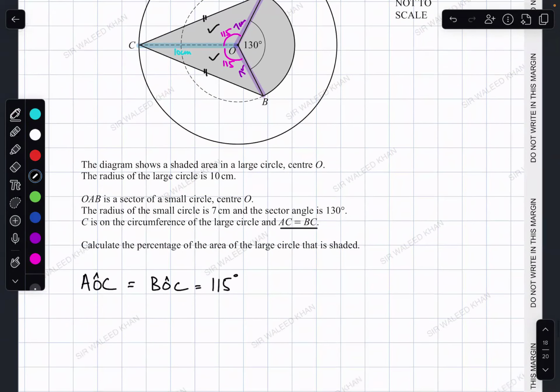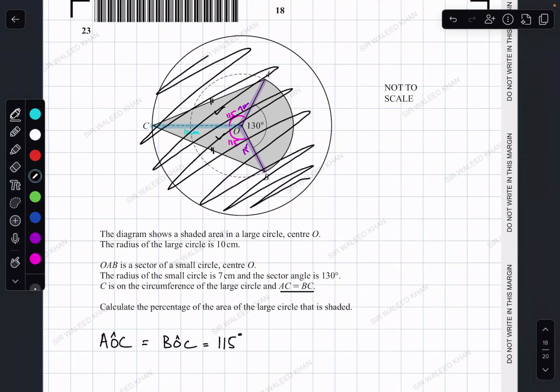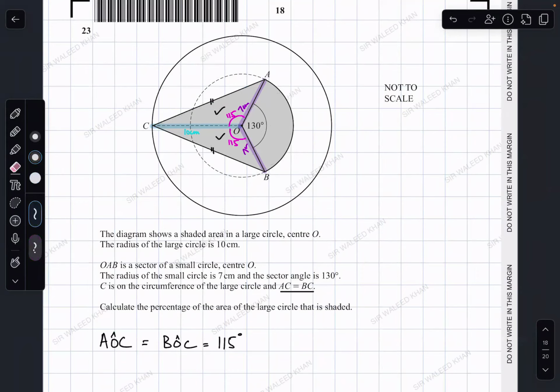Now, to figure out the shaded region, what I need to do is find the area of the full circle and then remove the sector and these two triangles.